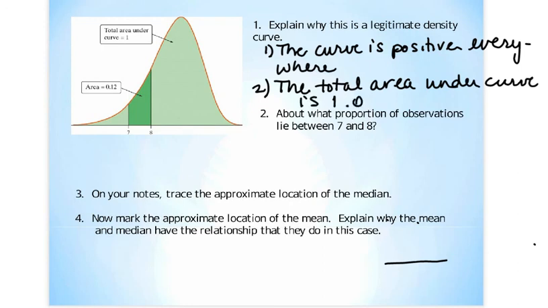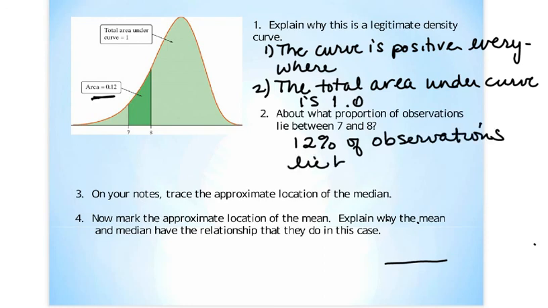Now, the next part, what proportion of observations lie between 7 and 8? Well, they're pretty nice. They tell us the area between 7 and 8 is 0.12. So 12% of observations lie between 7 and 8.